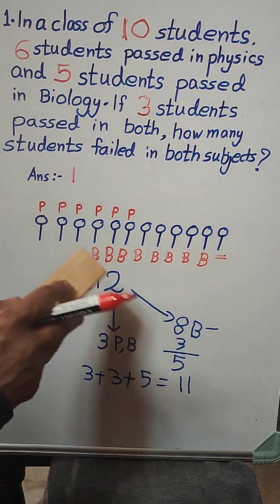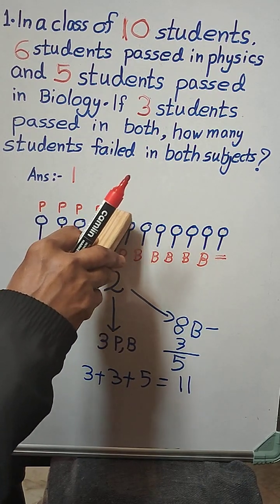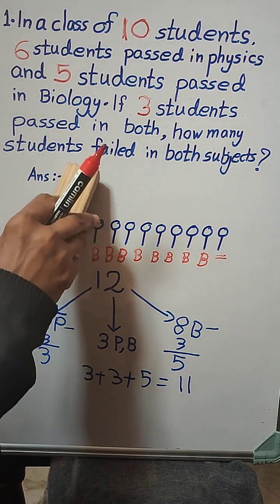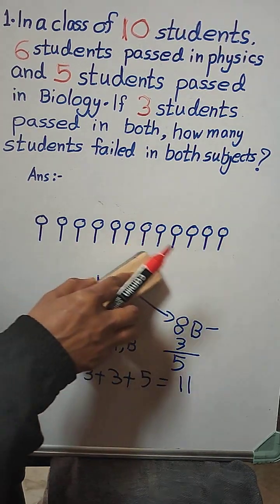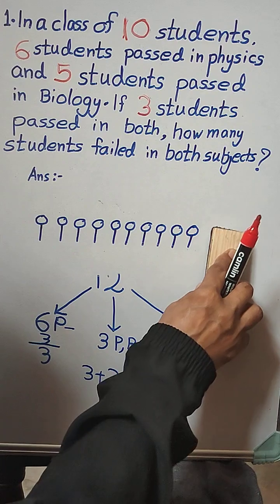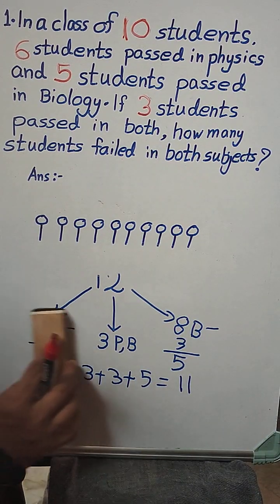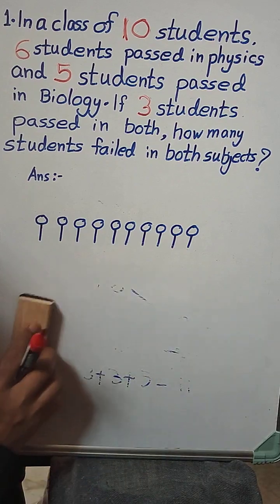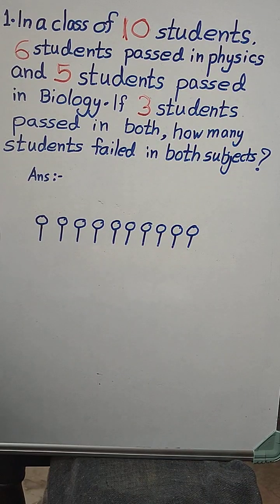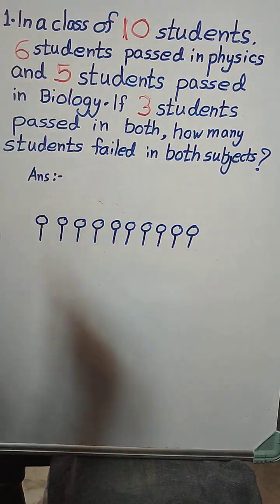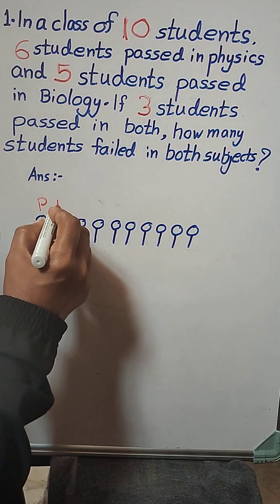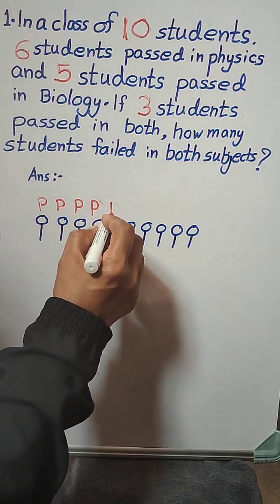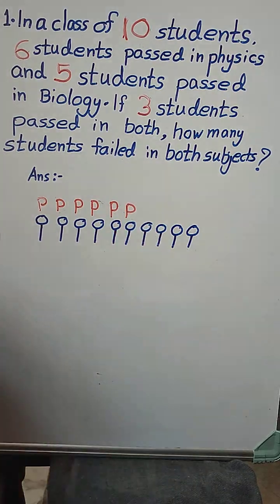Let us use the same figure. Here there are 10 students, so 10 is enough. Class of 10 students, 6 students passed in physics, and 5 students passed in biology.